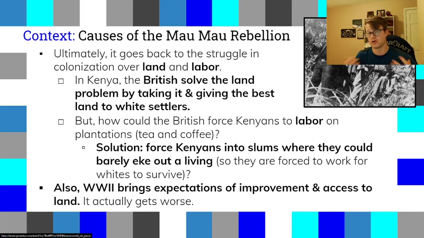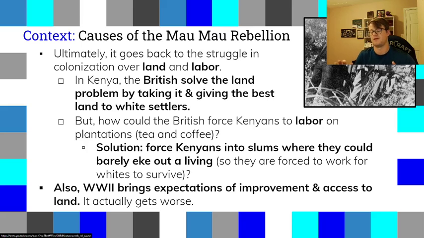The British encourage settlement in Kenya specifically because at this time the British Empire valued Uganda as a much more valuable place, and so on those railroad routes going to Uganda, that's why the whole Kenyan settlement thing crops up. And they're going to give the best land for farming to white settlers.